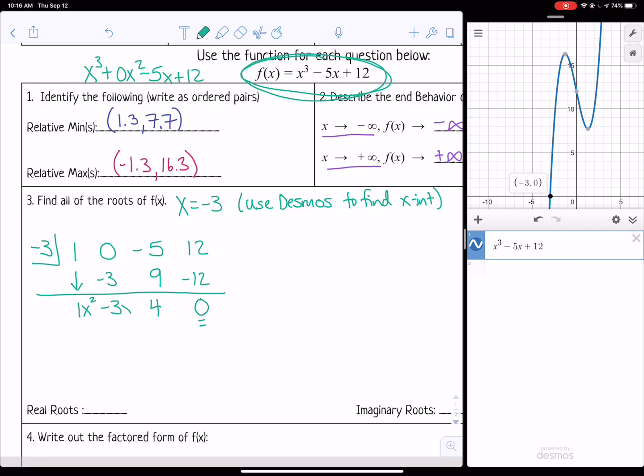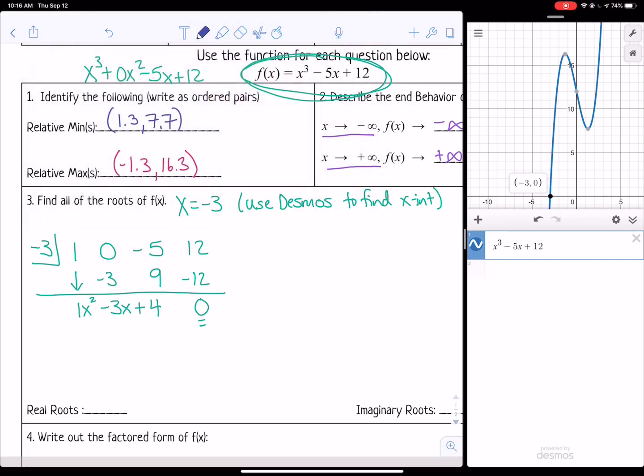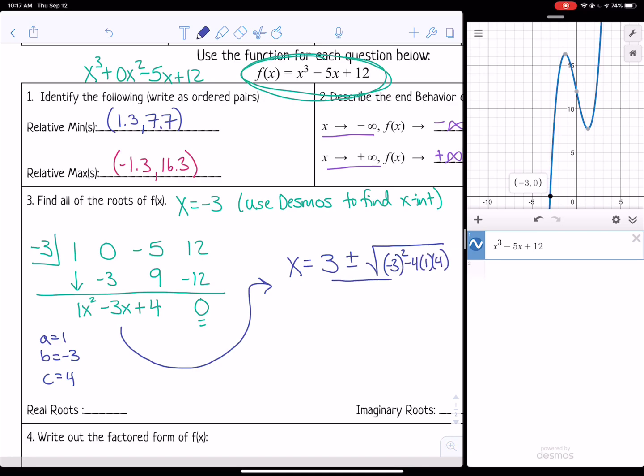Then we could plug our variables back in. So we have x squared minus 3x plus 4. We know from our graph that this cannot be factored because it would have shown up as x-intercepts. So let's take what we have here and pick out a equals 1, b is -3, and c equals 4, and plug those into the quadratic formula. So x equals -b, or opposite b, so that'd be +3, plus or minus the square root of b squared minus 4 times a times c, all divided by 2a.